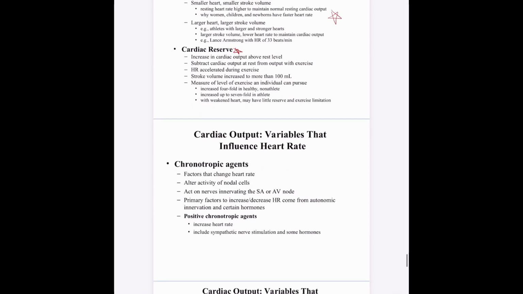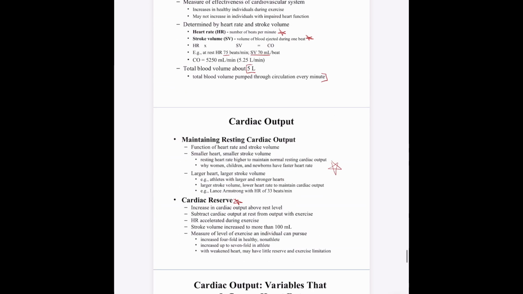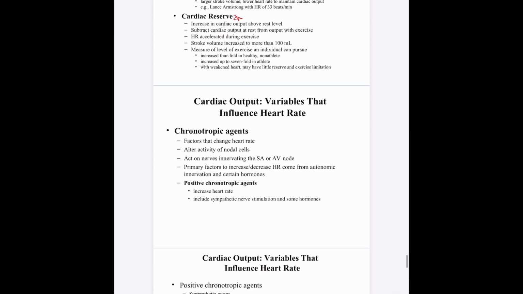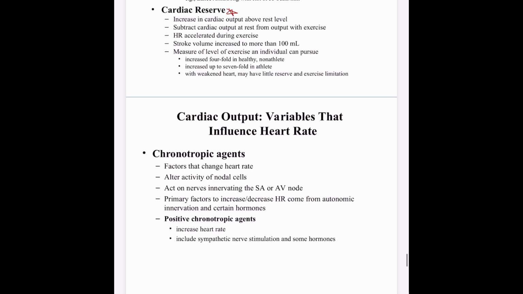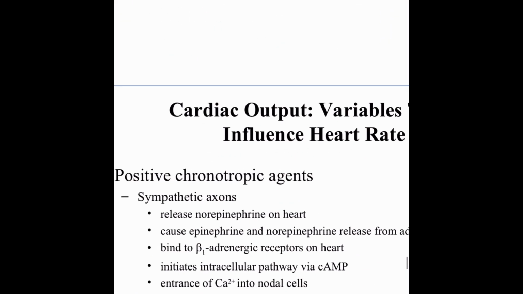So here, smaller heart, smaller stroke volume. You don't really have to know this. Resting heart rate is higher to maintain normal output. Larger heart, larger stroke volume. So I guess you could make note of this. They might ask you, an athlete with a stronger heart, will they have a higher stroke volume compared to someone with a smaller heart, not athletic?